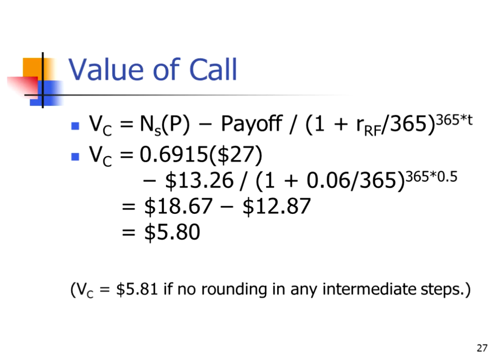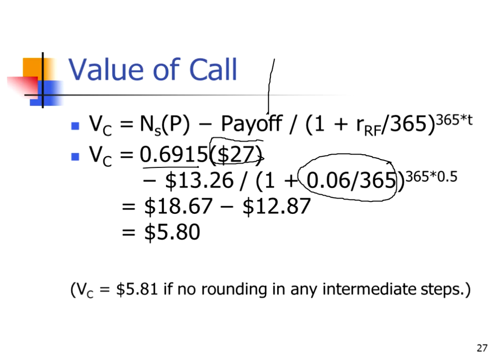So we can calculate that, and this would be 0.6915 multiplied by the current price, which is $27, minus the payoff, which we calculated, that's 13.26, divided by, and this one is a little tricky.